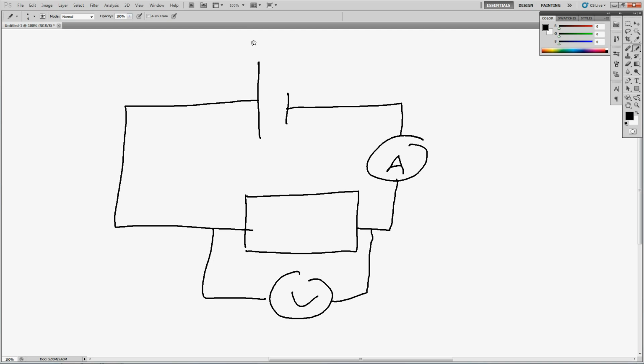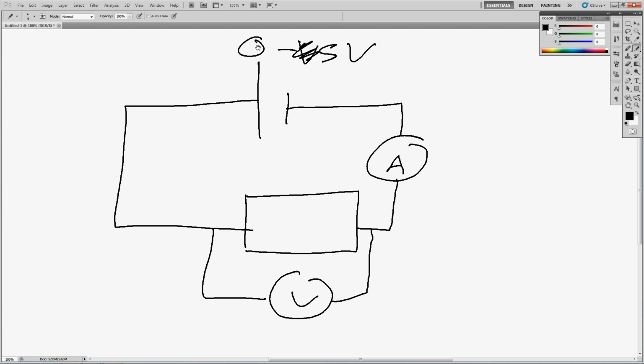In order to get a graph, we're going to have to vary something, so we'd have a power pack or power supply that we can vary the voltage on.